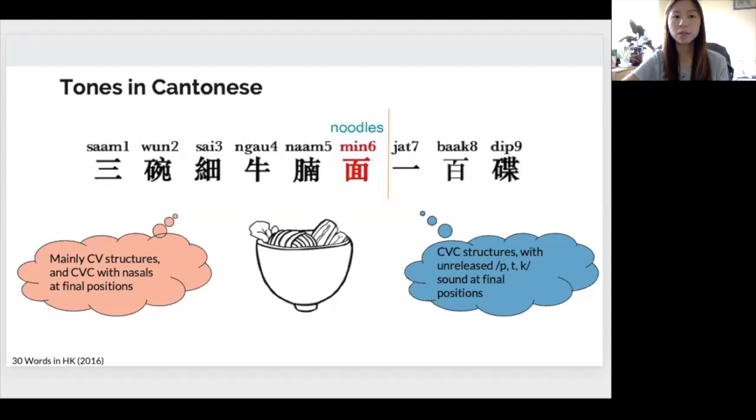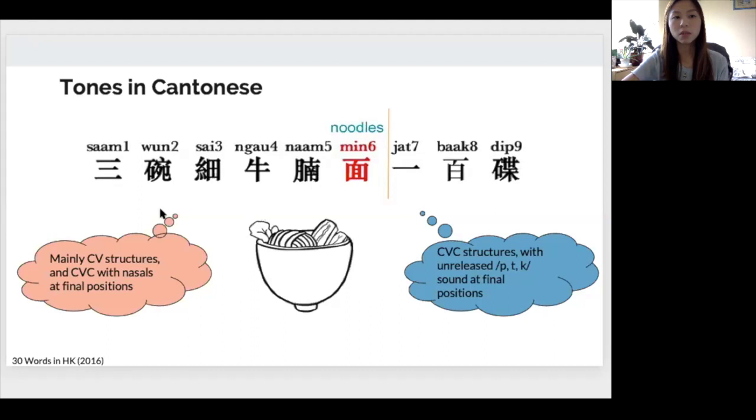So now that you know the basic 6 tones of Cantonese, I'm going to introduce you to the other 3. The 7th, 8th, and 9th tone in Cantonese are only CVC structured, and their CVC structured are limited to have unreleased p, t, and k sound at final consonant positions. The 7th, 8th, and 9th tone are similar to the 1st, 3rd, and 6th tone in Cantonese.